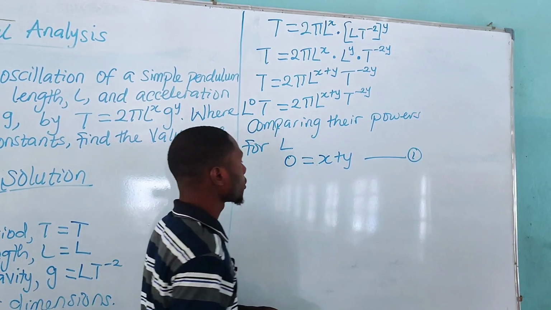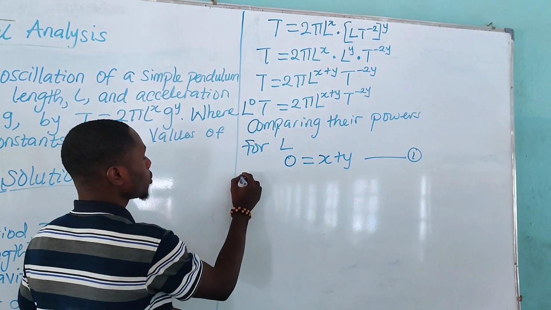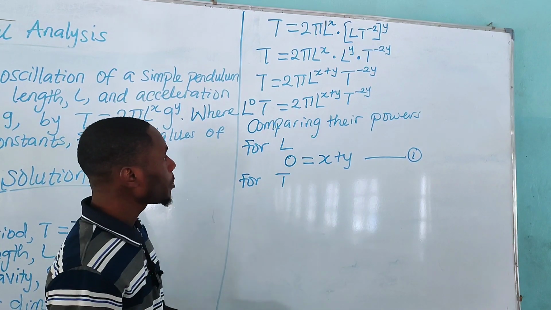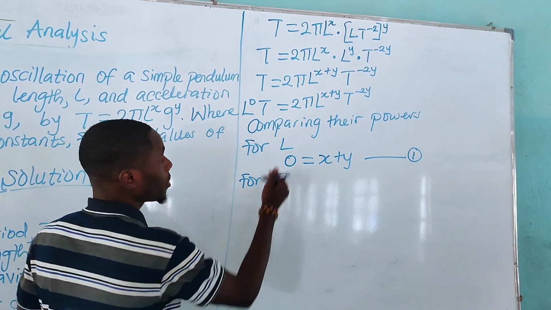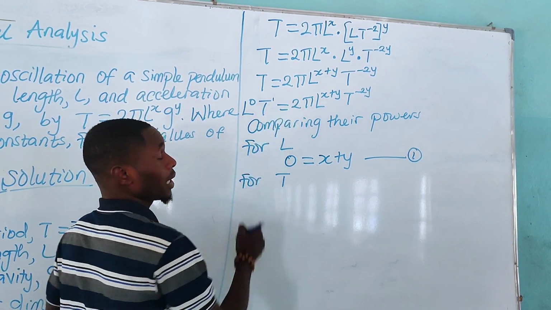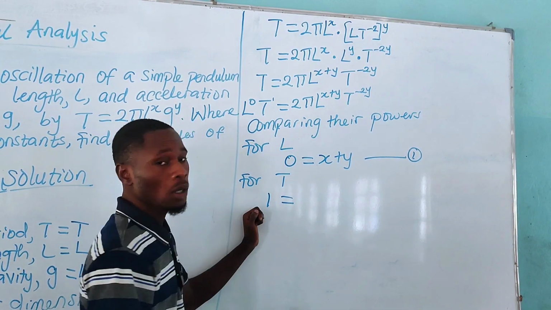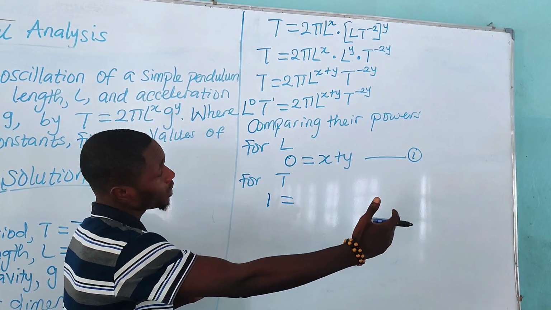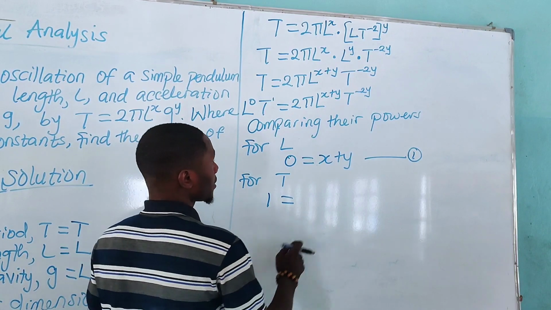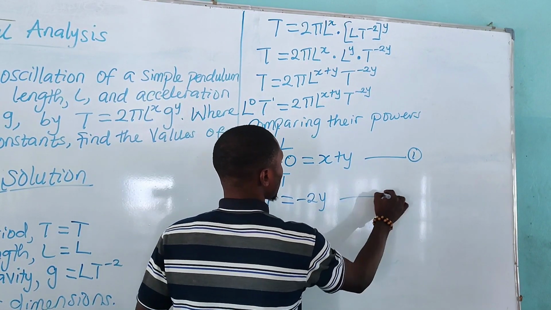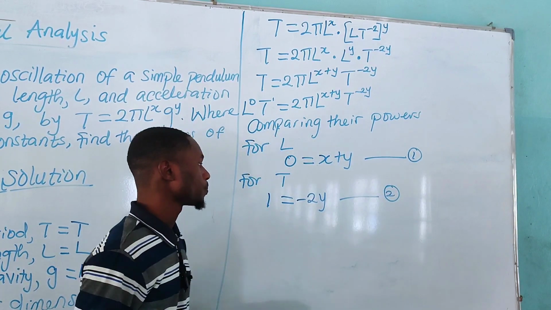Let's call this equation 1. Let's also do that for T. The power of t on the left hand side is 1, so we have 1 is equal to the power of t on the right hand side, which is minus 2y. Let's call this equation 2.